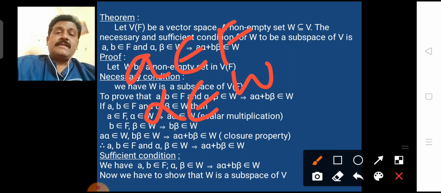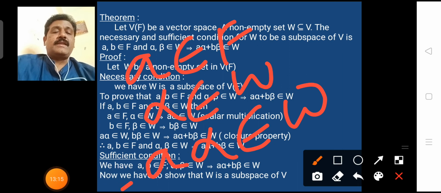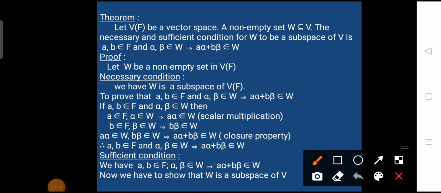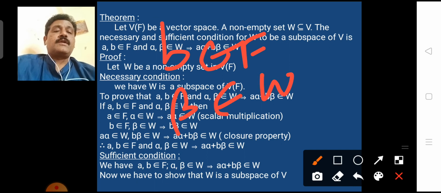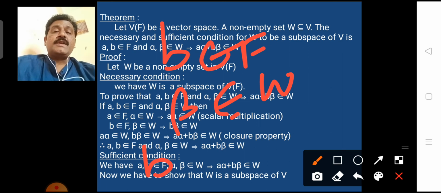By the definition of vector space, W is closed under scalar multiplication. Hence, A alpha belongs to W. Similarly, B belongs to F and beta belongs to W implies, W is closed under scalar multiplication, so B beta belongs to W.